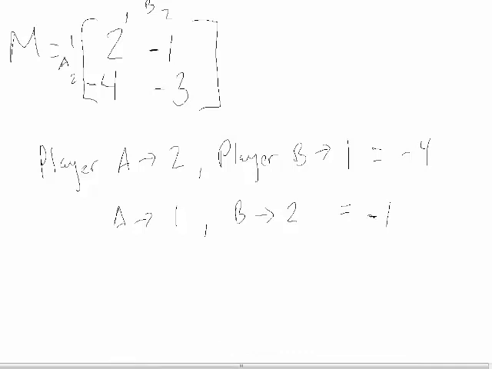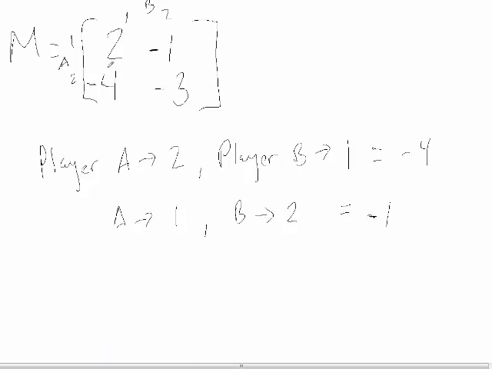Okay. Now, is this a strictly determined game? Is there an optimum strategy for both players to play? Well, we can determine that. We can see if we can find a saddle point.